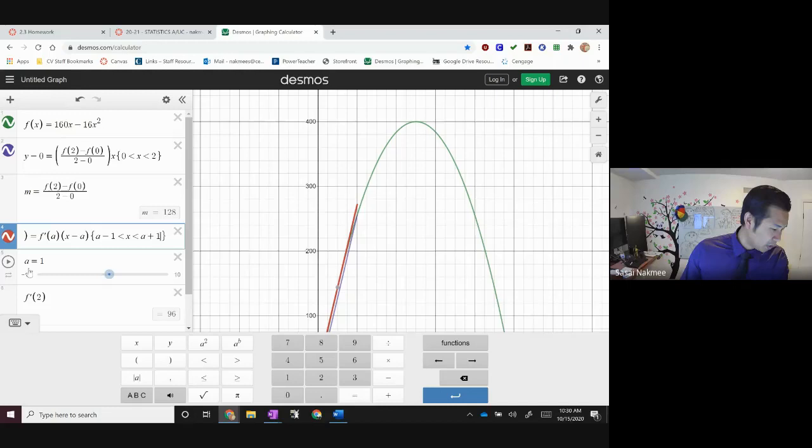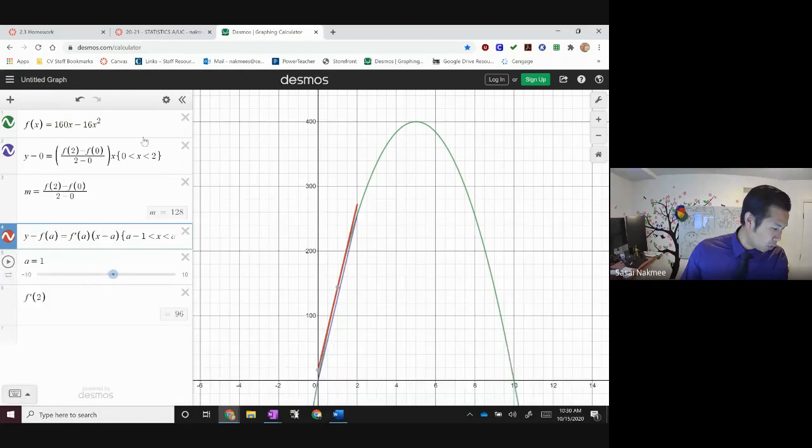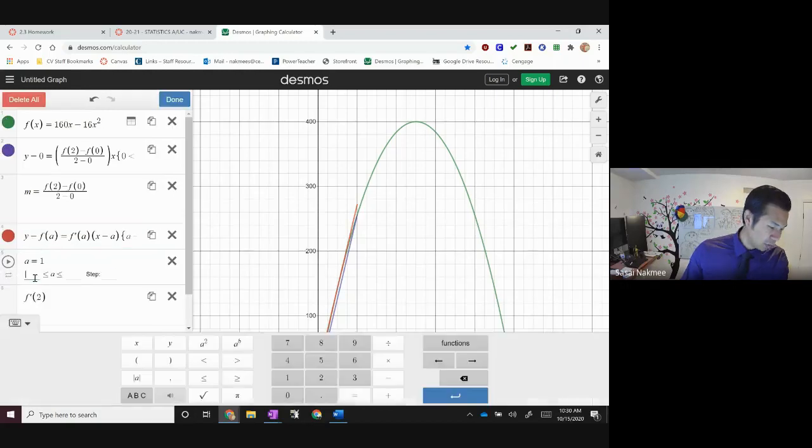And this will be, let's modify U going from 0 to 10, increments of 0.5. That work out?